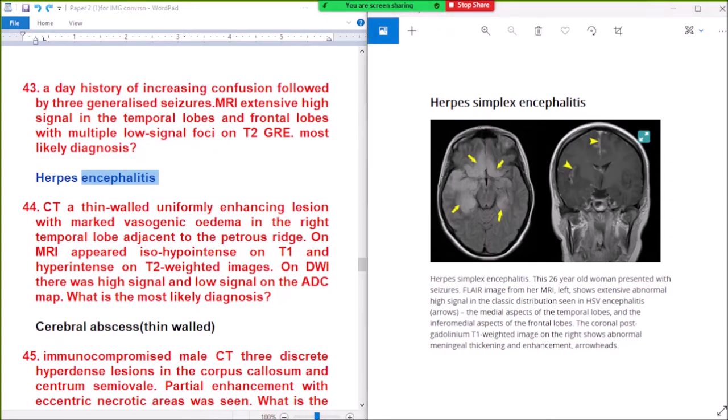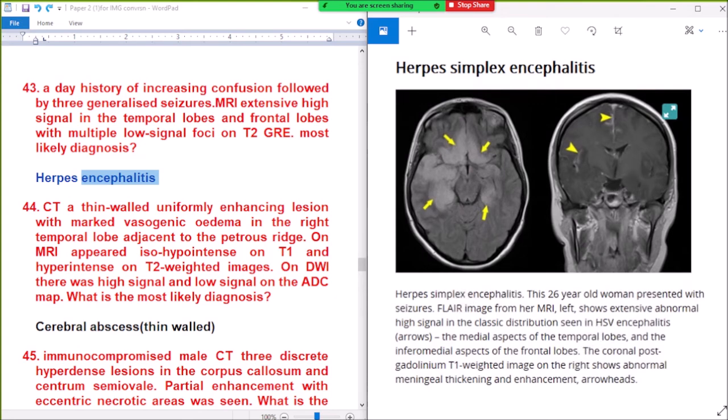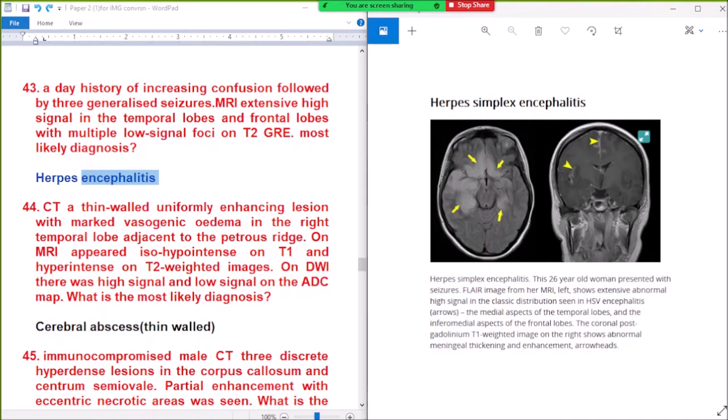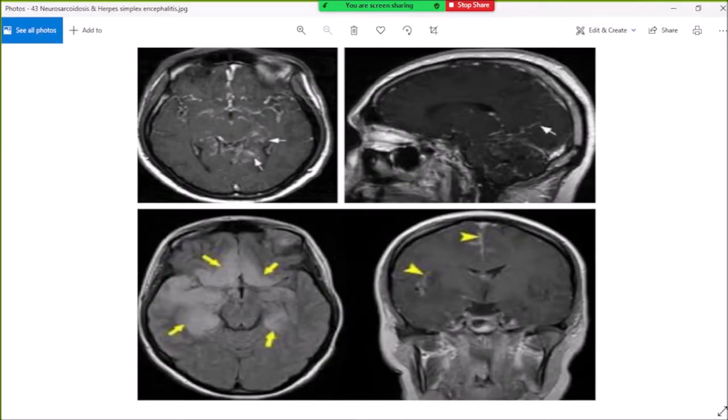The important thing in herpes encephalitis is that there is abnormal meningeal thickening and enhancement, and multiple high signal foci in the temporal lobes and frontal lobes. So diagnosis: herpes encephalitis.